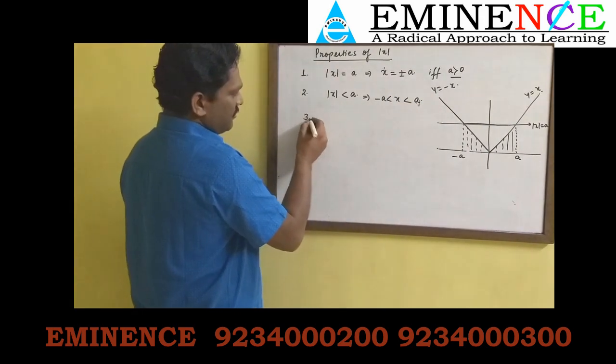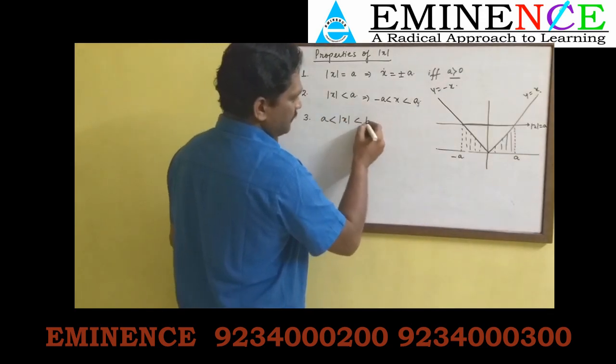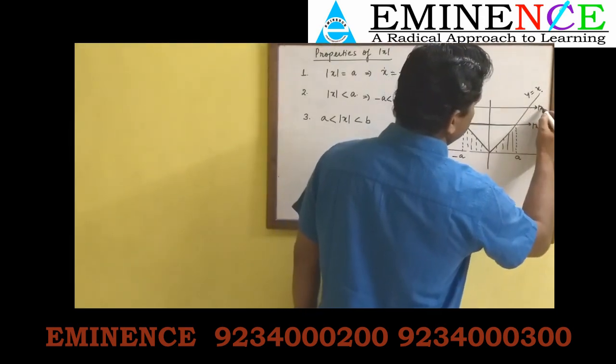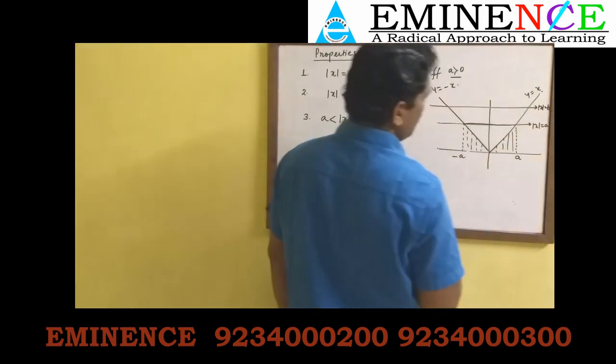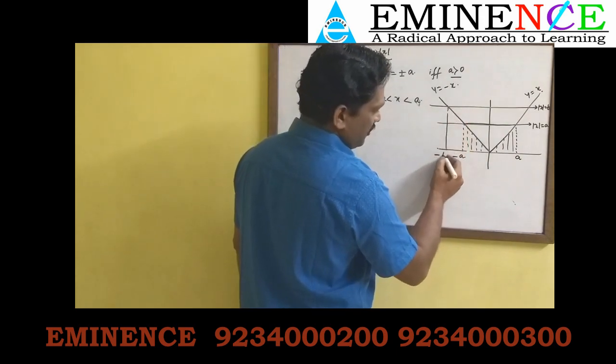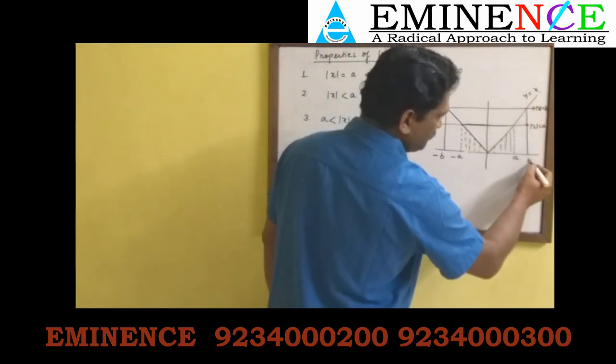Now, if I take a third case, say mod x is greater than a but less than b. Now, where will mod x equal to b lie? mod x equals b here. So if I talk of this point, it is minus b, and this point is equal to b.